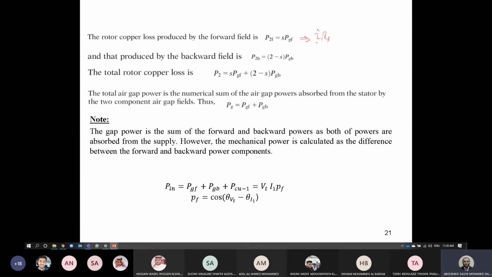This is now representing the copper loss of forward flux. Also, the same for the backward flux. B2 backward, it's 2 minus S multiplied by B gap, which will be similar to I1 square multiplied by R backward.